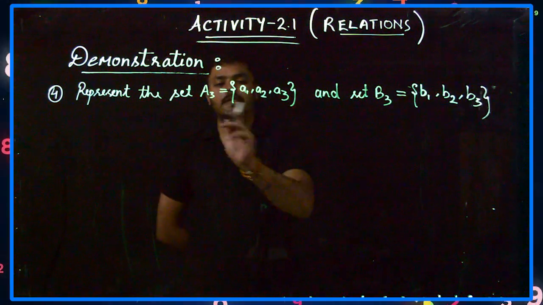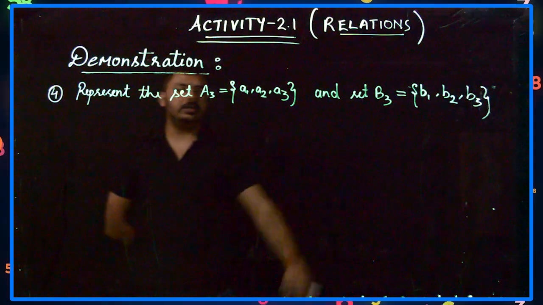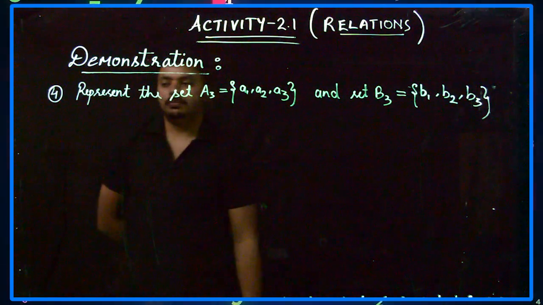So the elements of set A3 are A1, A2, A3 and set B3 is B1, B2, B3.